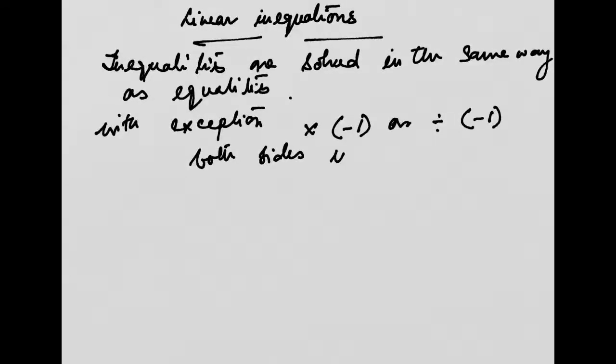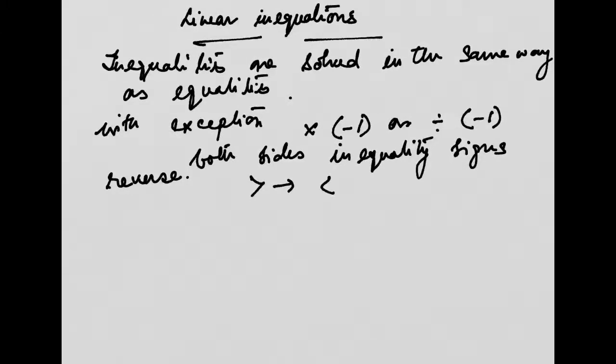Inequality signs reverse, meaning greater than will become less than, or less than will become greater than. Suppose we take an example: -x + 3 greater than 0.